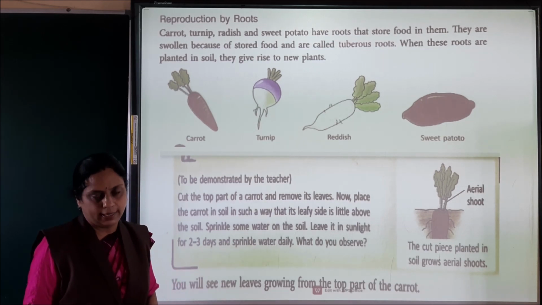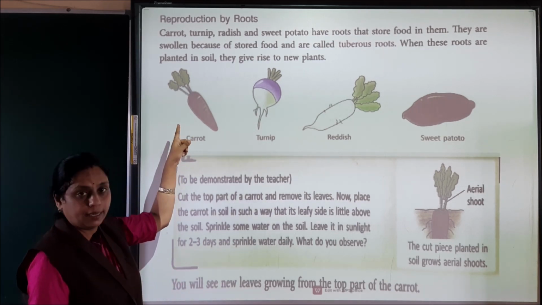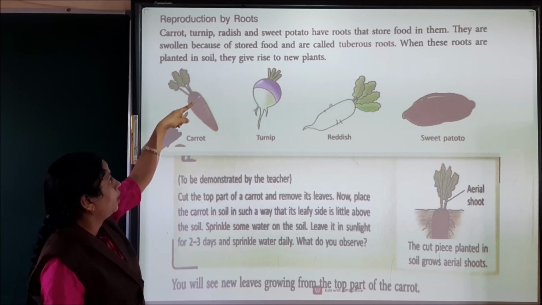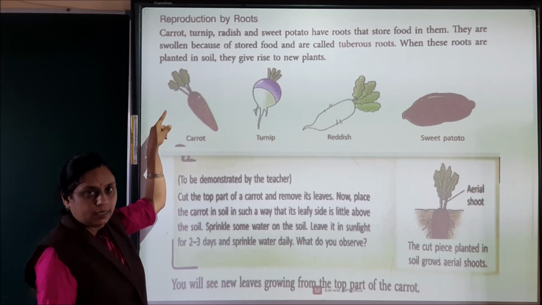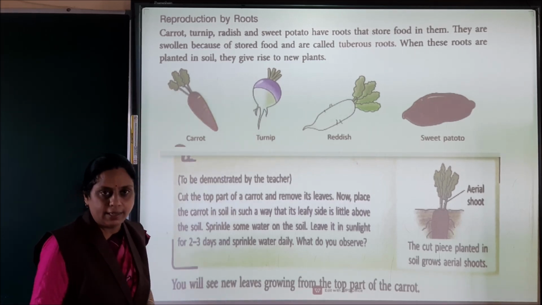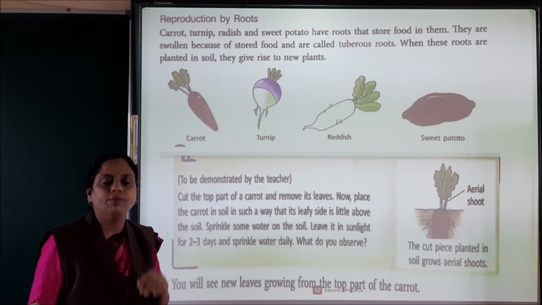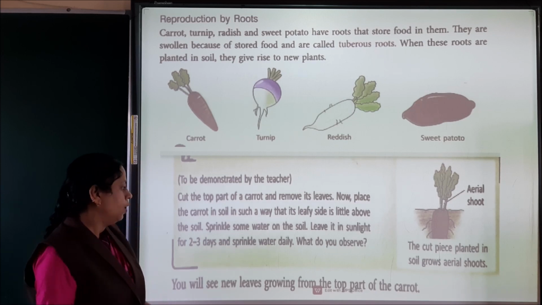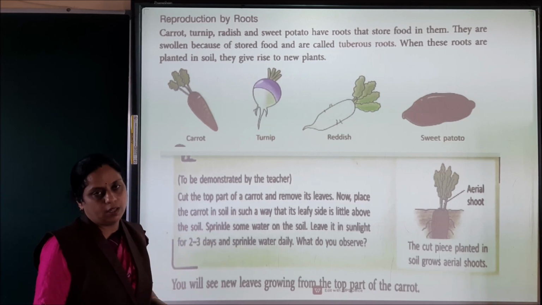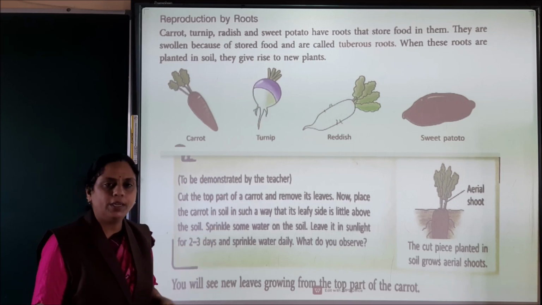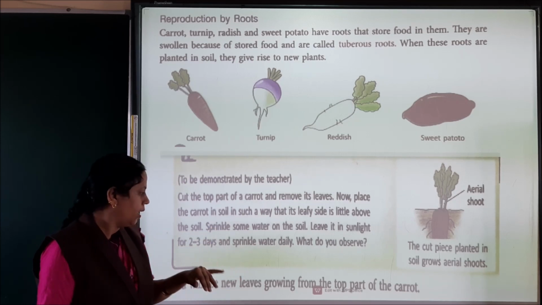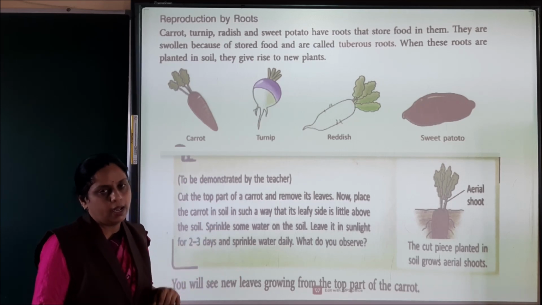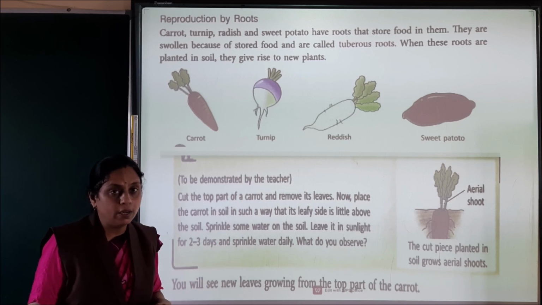Now let's take one example. Can you see this carrot? You have to cut the top part of the carrot and remove its leaves. Then you have to place the carrot in the soil in such a way that its leafy side is a little above the soil, and then you have to water it regularly.